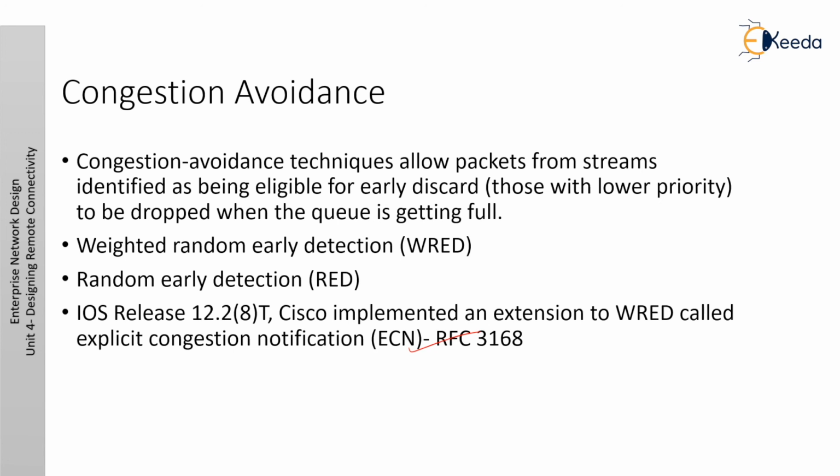Whenever this ECN bit is set, it shows congestion is being experienced. When ECN is in use, it marks packets as experiencing congestion rather than dropping them. If the sender is ECN capable and the queue has not yet reached its maximum threshold, packets are marked. If the queue does reach the maximum, packets are dropped as they would be without ECN.